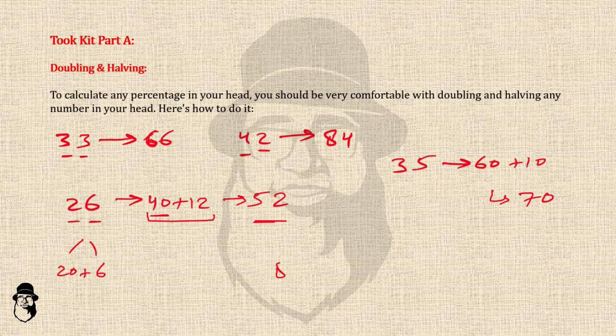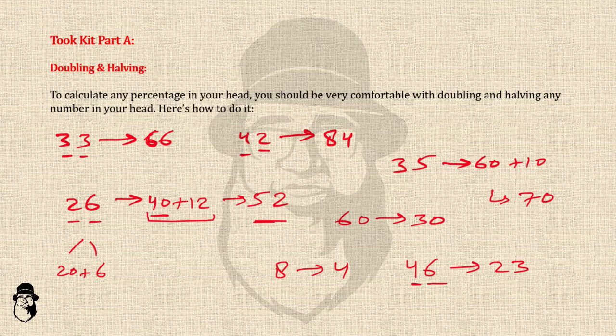So half of 8 is 4 and half of 60 is 30, and if we do half of 46, it will be half of 4 is 2 and half of 6 is 3. We can do it like that.